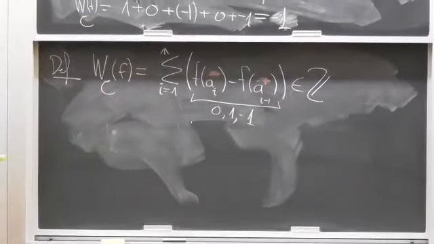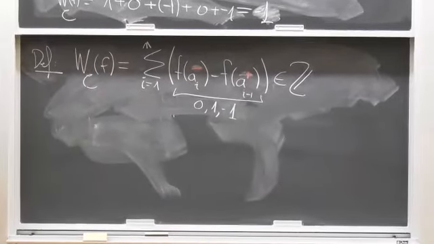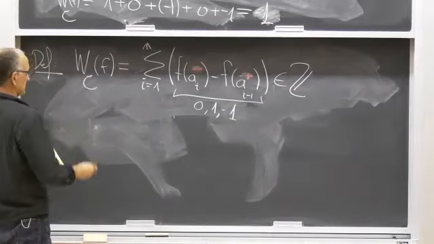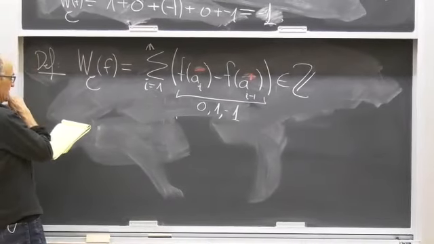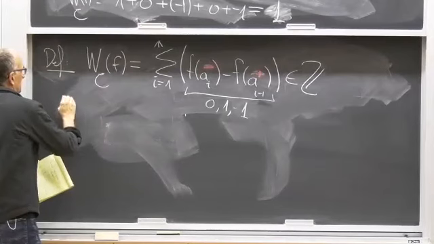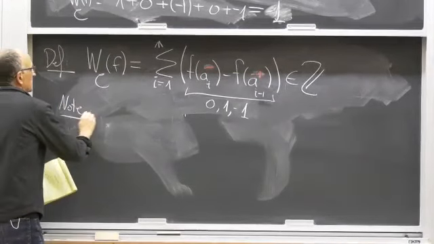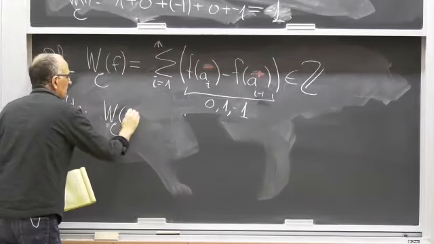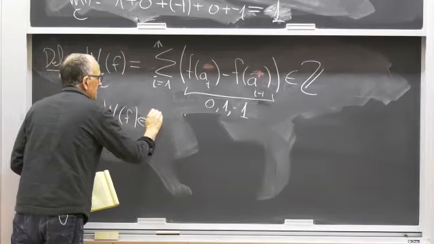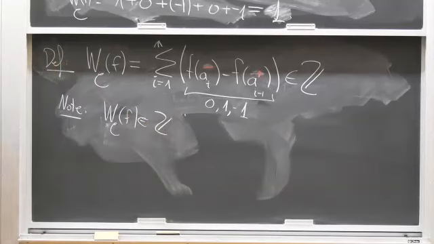And now let's make some basic observations first before I do examples. Note, I already said that the winding number is always an integer because we just sum 0, 1, minus 1.